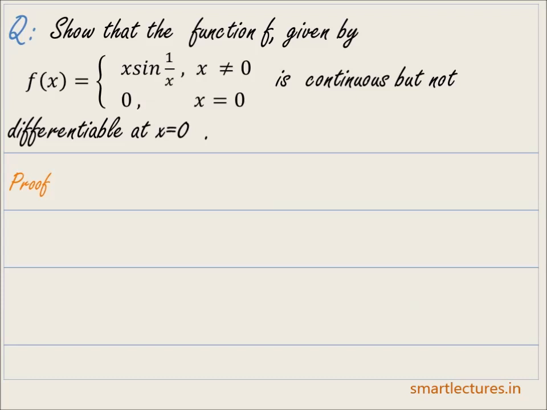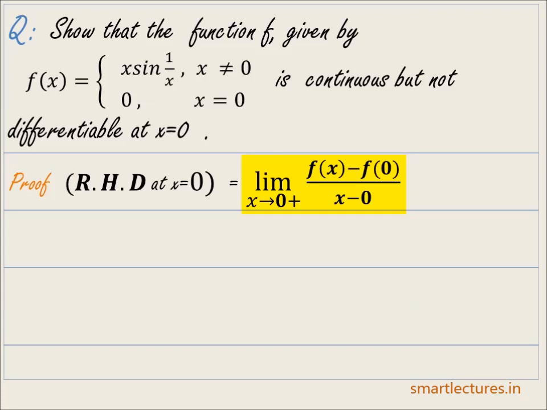And now let's try to find out its right hand derivative. Now the right hand derivative at x equal to 0 is equal to limit x approaches 0 from the right hand side, f of x minus f of 0 divided by x minus 0. And if we put x as equal to 0 plus h, then when x approaches 0, h also approaches 0.